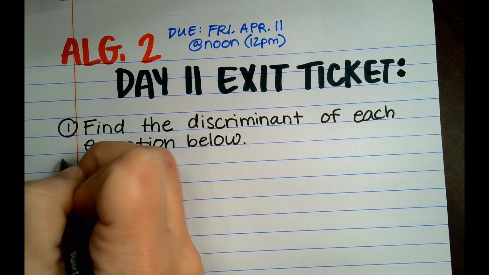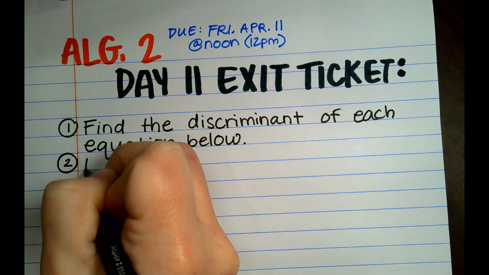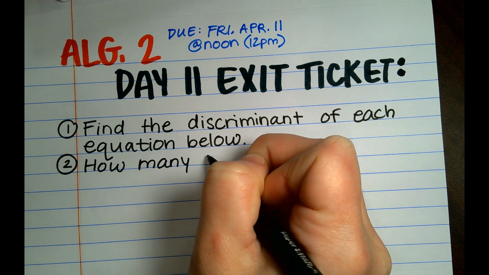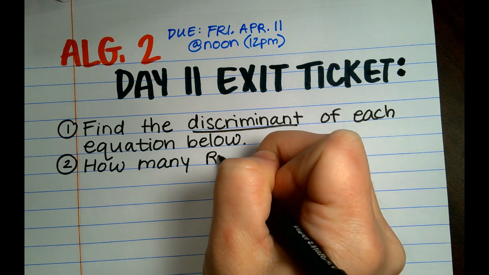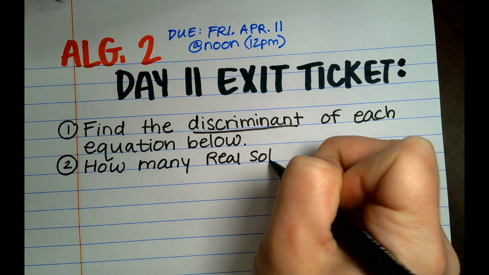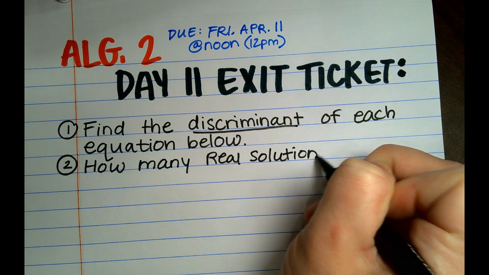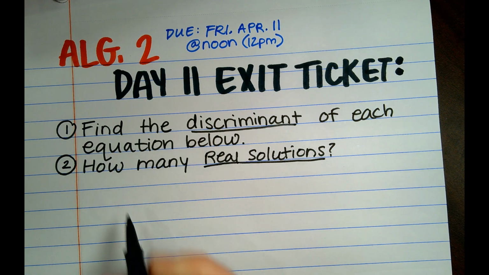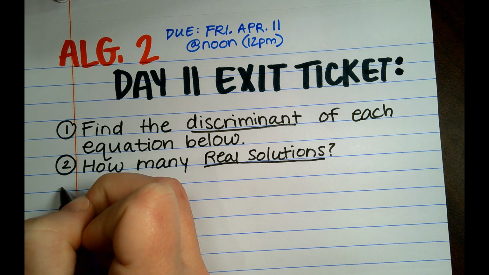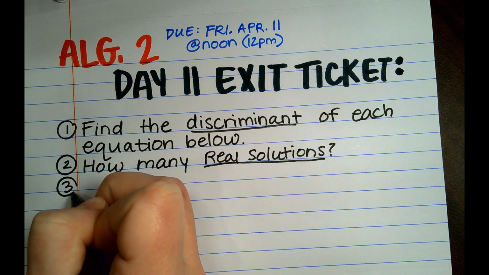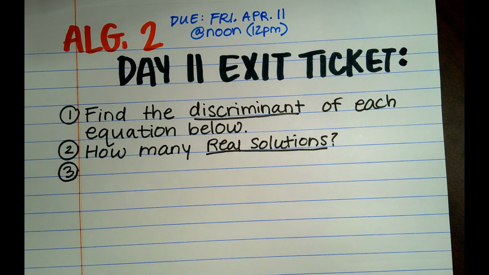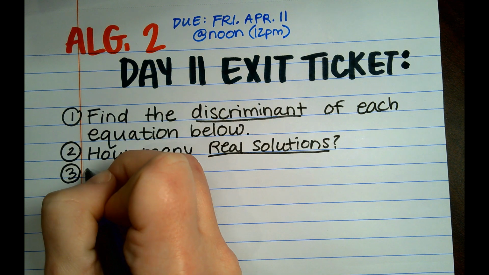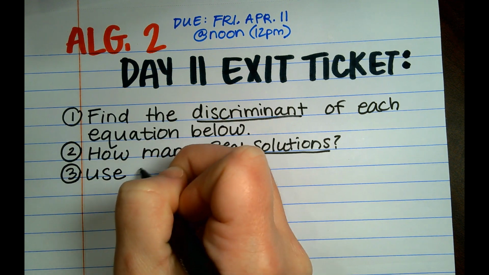So that's the first thing. The second thing is how many real solutions, and then the last step is to solve that equation using the quadratic formula to actually find what those solutions are.